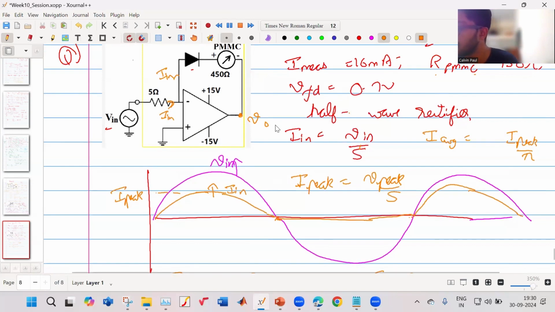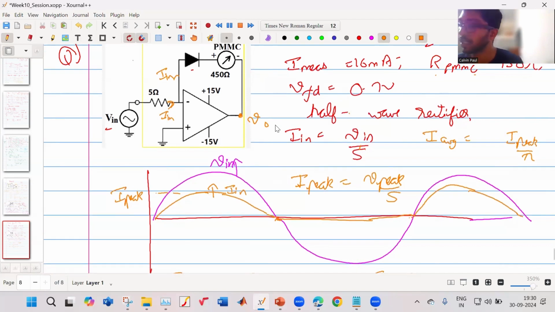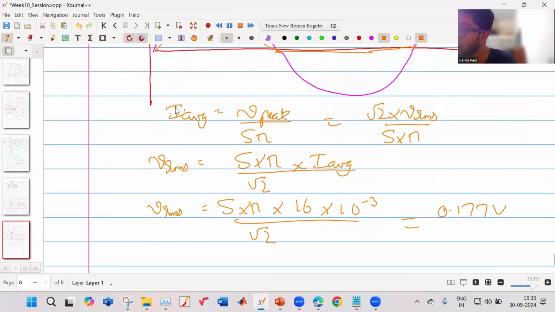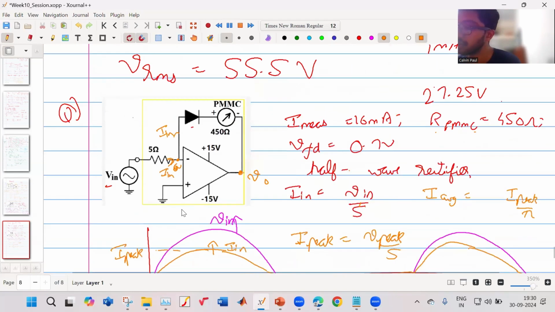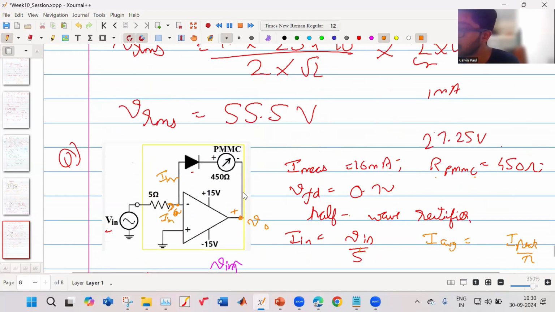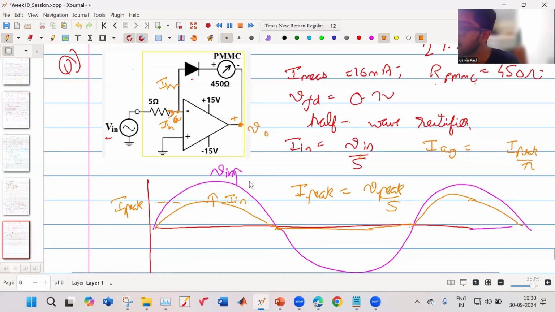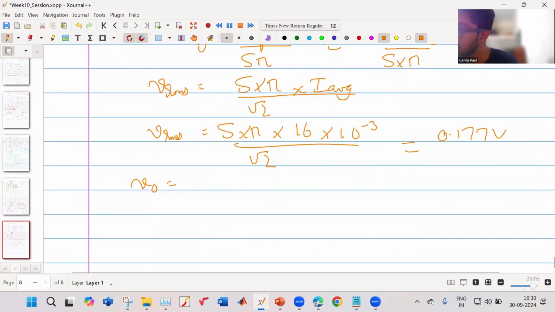If you draw it, your output voltage is dependent on how much current is flowing over here. So this voltage is 0 volt through the virtual short concept. So your V output is equal to I into R of PMMC plus the drop across the diode.